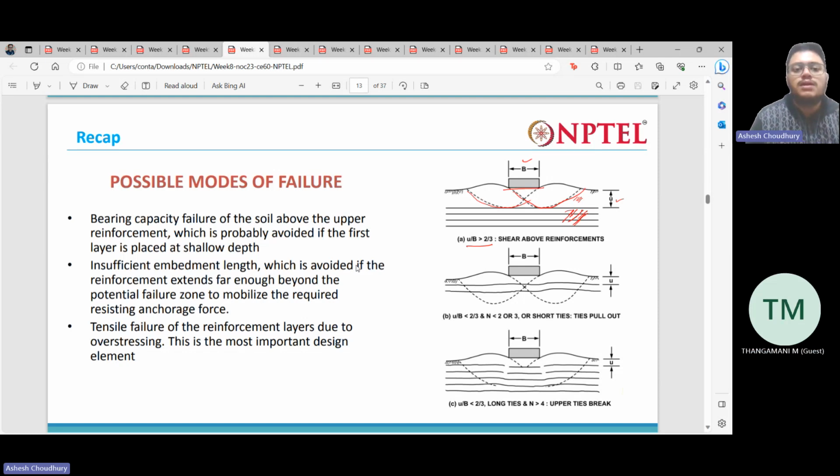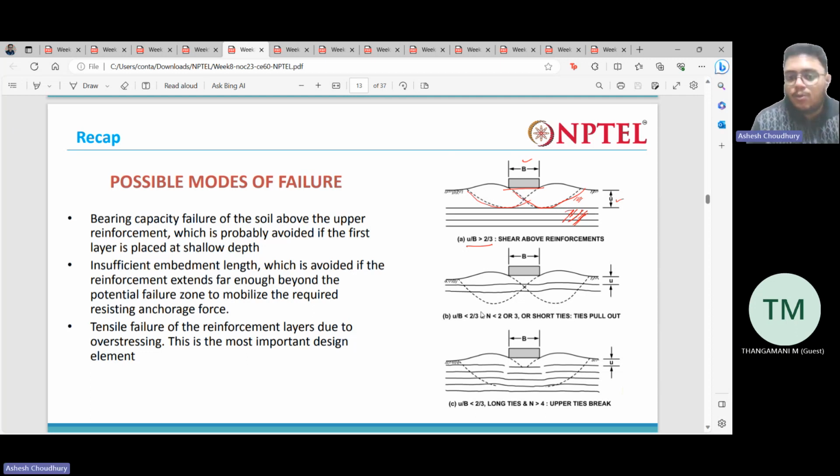So what are the possible modes of failure? There are three. When the depth of the first layer is u and the width is b, and the first layer is placed quite low, u by b greater than 2 by 3, the soil fails by bearing capacity failure of the upper layer.